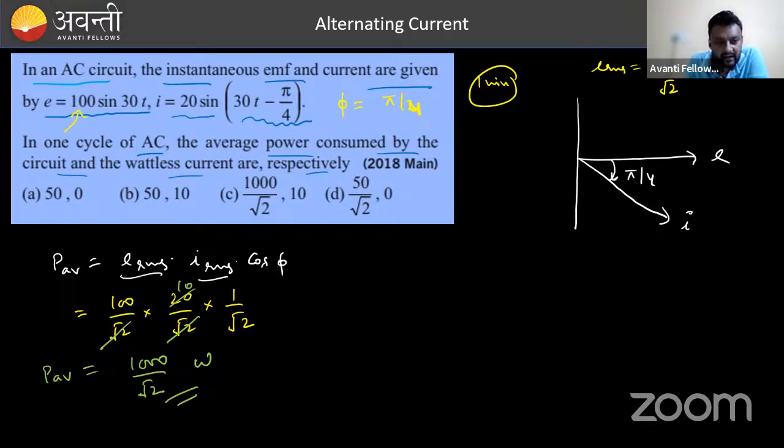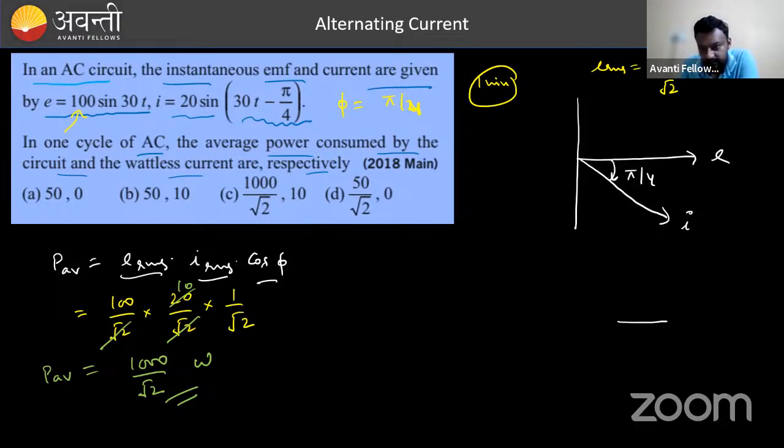This EMF and current and cos phi. Now, if you remember, we have dealt with this EMF and current as a phasor or as a vector, you can say. You know that part now. So look at that.